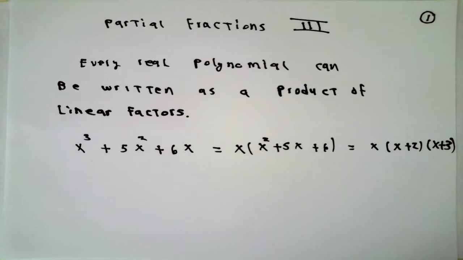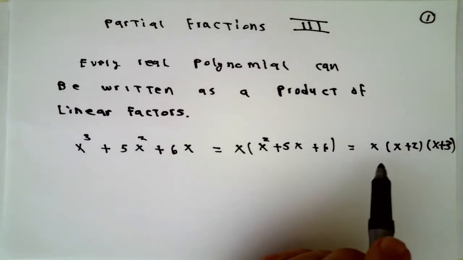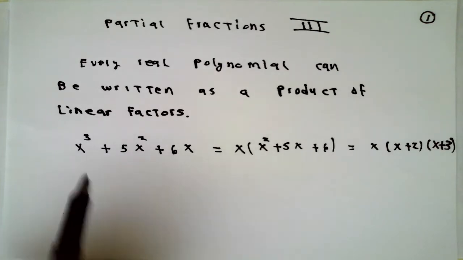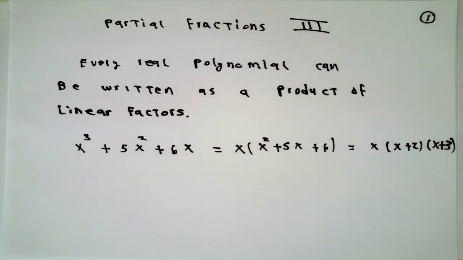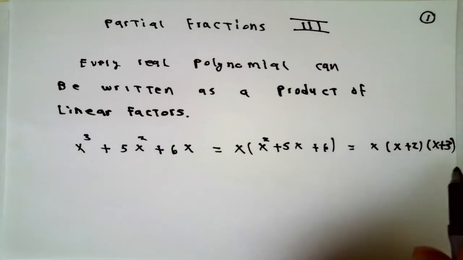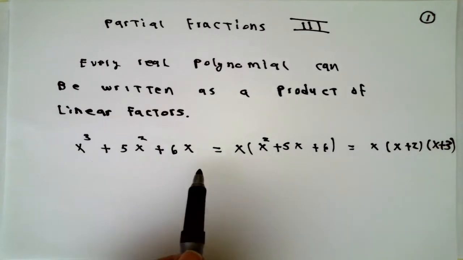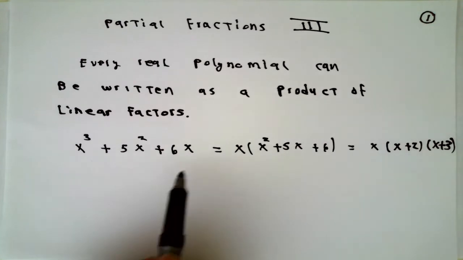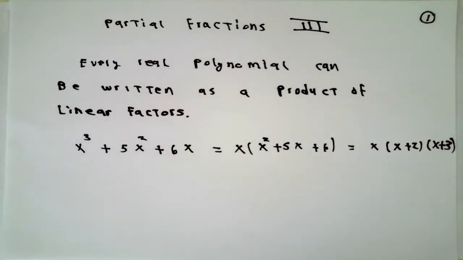If x is 0, then obviously this is 0, and this will be 0. If x is negative 2, then this will be 0, so that will be 0. And if x is negative 3, this will be 0 as well.